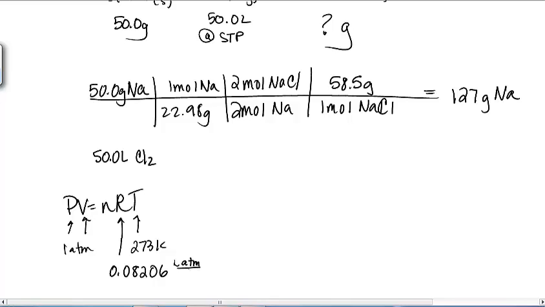Liters atmospheres per mole Kelvin. Now you know, that's not the only form of R. Of course, there's the 8.314 version. That is different units. I suggest you look them up. But here, since everything is given already in liters and atmospheres, I would go ahead and use this version.